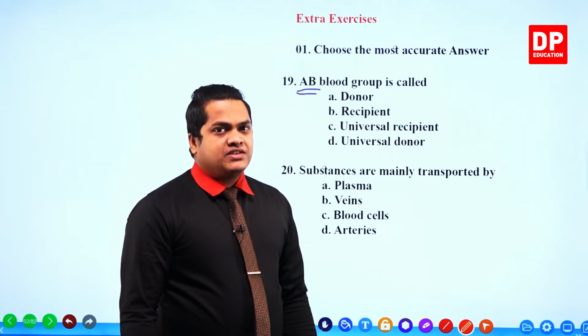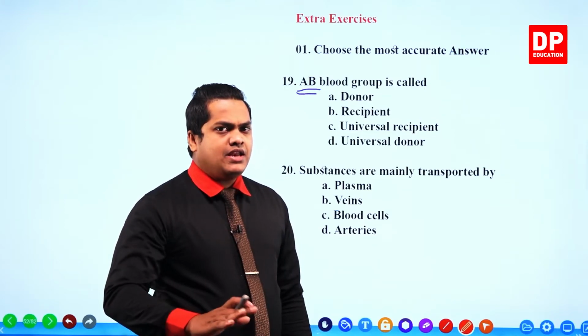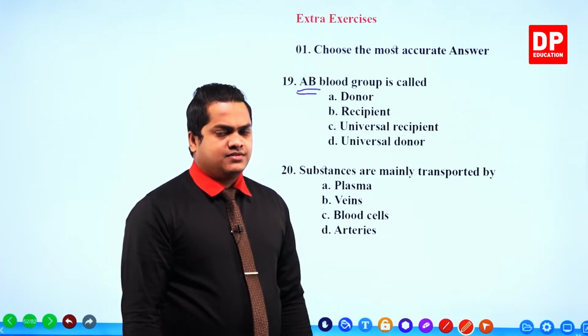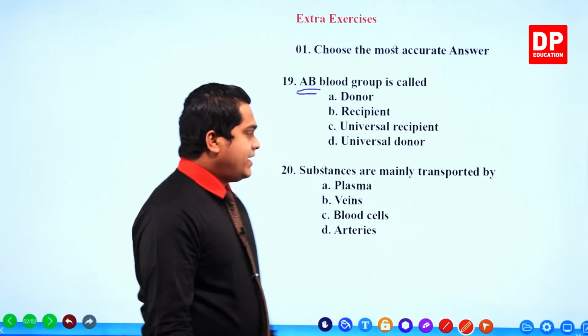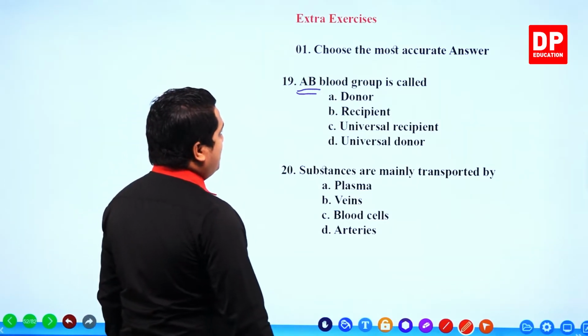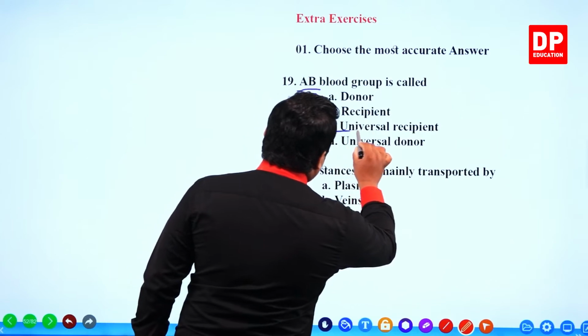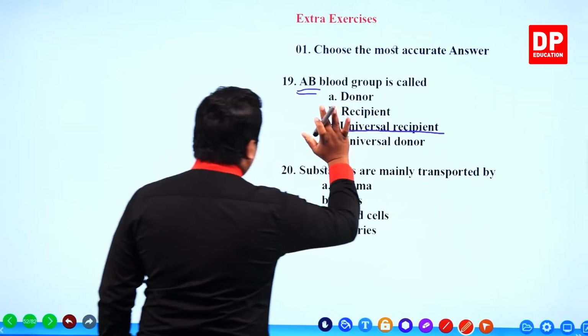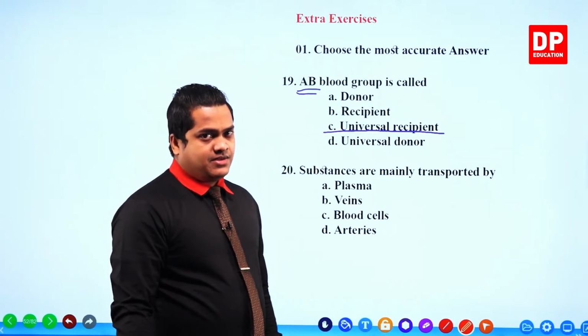AB blood group can receive blood from any person. Any person can give blood to AB group. So my dear children, AB blood group is called the universal recipient. Don't mention it as just a recipient. It's the universal recipient, AB.